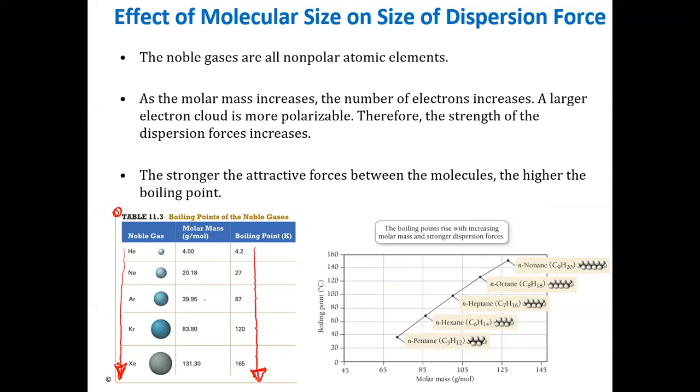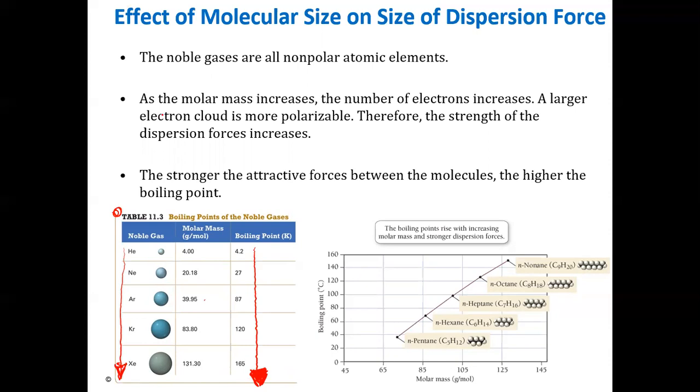Boiling point, melting point, those are both ways that you would measure intermolecular forces. They're a way that you know intermolecular forces are there, okay? So as you increase your molar mass, you increase your dispersion force, therefore you increase your boiling point.